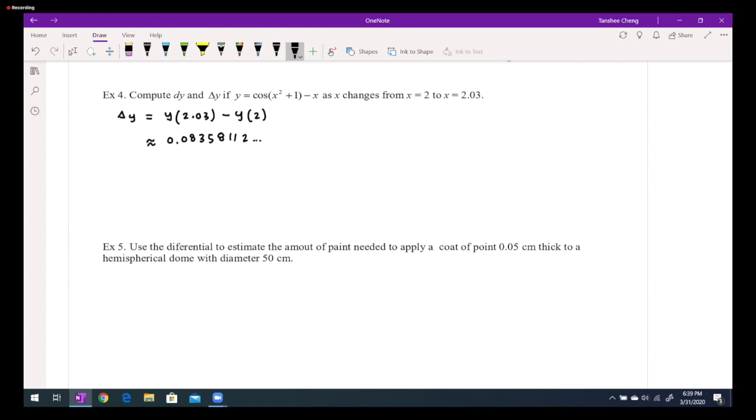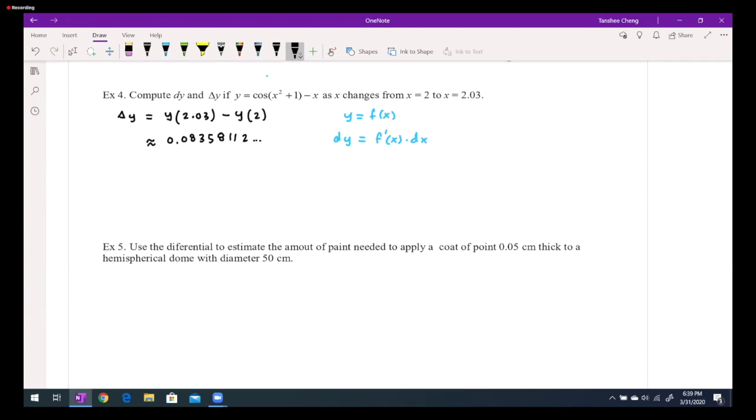Now, what we want to do is look at what the differentials are. So to talk about the differentials of these functions, right? I need to look at my y as a function of x. So therefore, my differential of y will be f prime of x times dx. So from here, what we need to find out is what my dx is going to be.